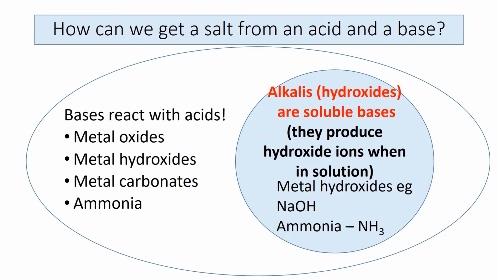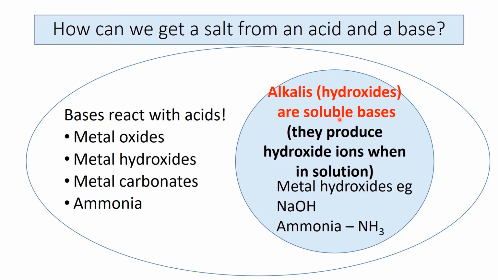We now need to think about bases. Bases are substances which react with acids. All bases react with acids. However, there are several different classes of bases. There are metal oxides, metal hydroxides, metal carbonates, and also ammonia. There is a special subclass of bases called alkalis, which are mainly hydroxides.